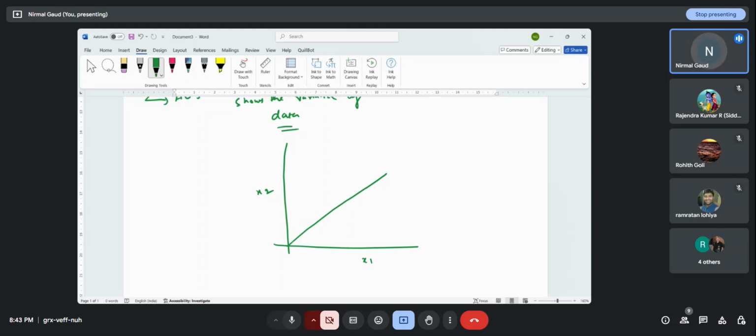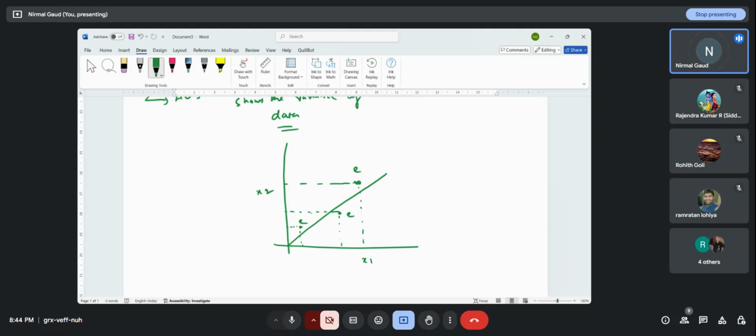However, when you plot the points, you may get points present here, here and here. Some points can be above, some points can be below. So they are errors.